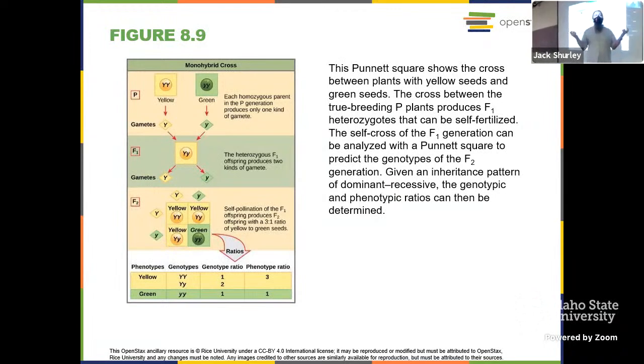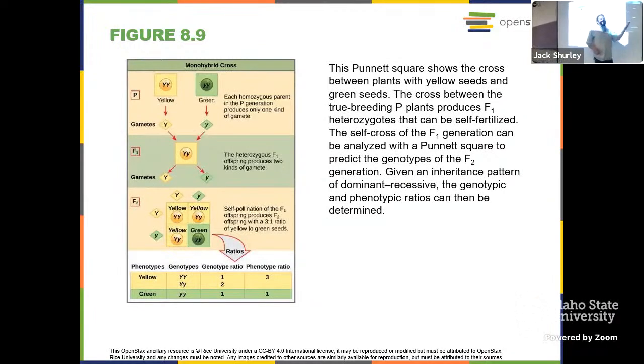We're only showing you one, but they are homozygous. So there are 2 of the same gametes or same alleles, copies of that gene. So big Y's, little y's, and in this F1, the offspring of this cross, everybody is heterozygous.